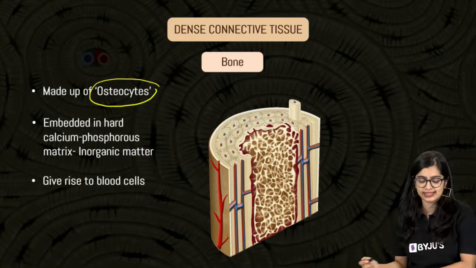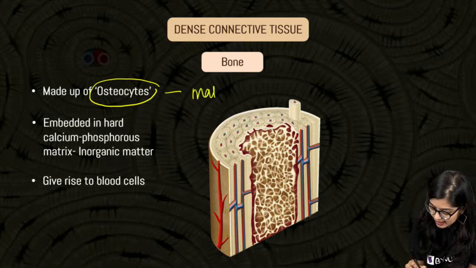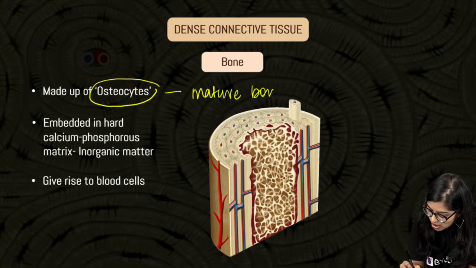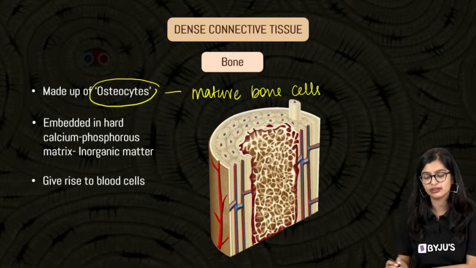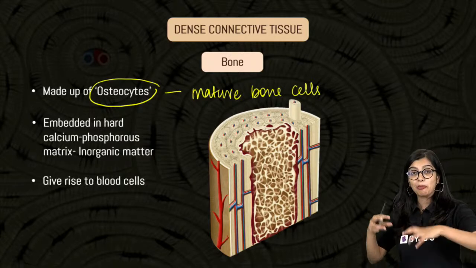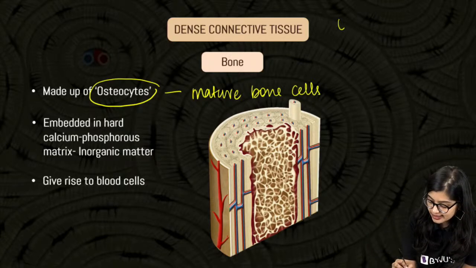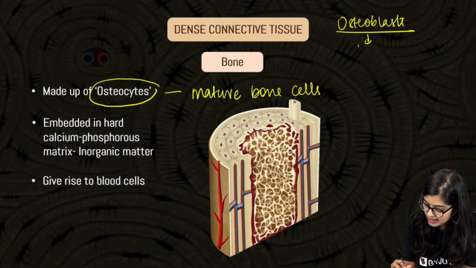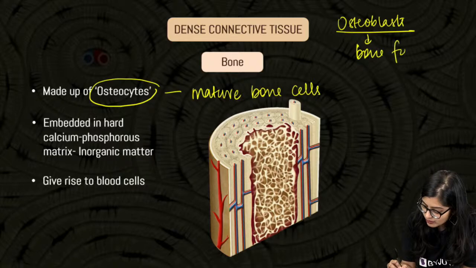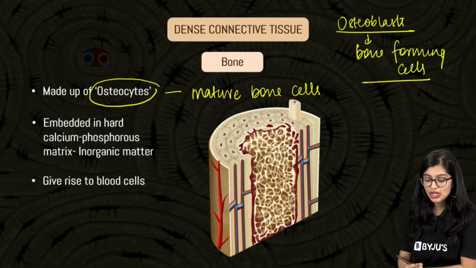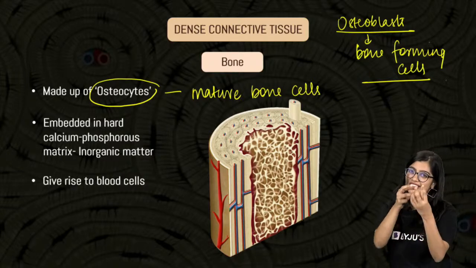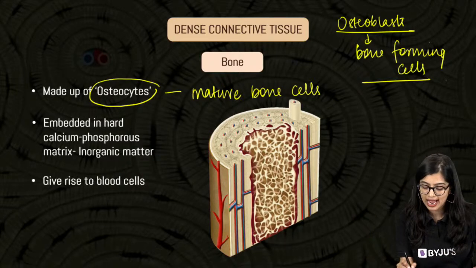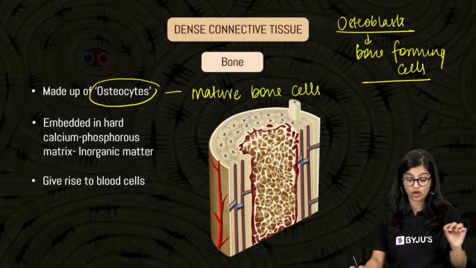So osteocytes are the mature bone cells of the body, right? Now if you want to talk about the bone forming cells, they are the osteoblasts, right? Osteoblasts are your bone forming cells. Yes, so your bone forming cells are very new cells which will mature and they will become osteocytes, okay?